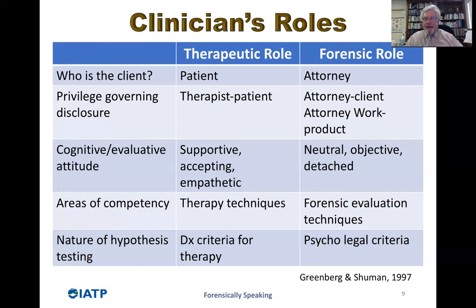In other words, again, it is for taking your skills as a therapist, as a clinician, as a psychologist, and then moving that into the arena of the forum of the forensic setting in helping the trier of facts make a determination. It's for a judgment rather than, in a therapeutic role, for therapy and healing.